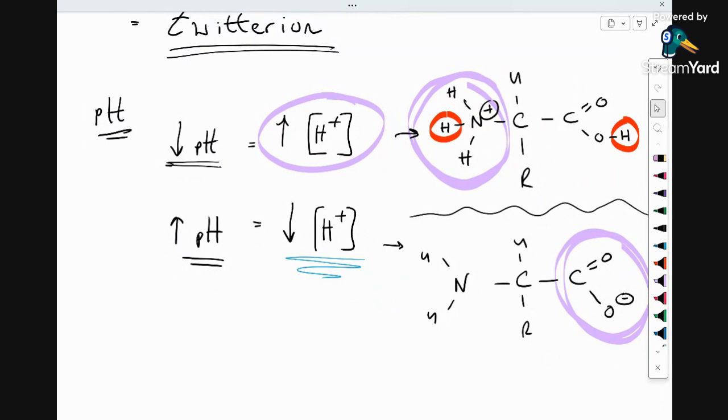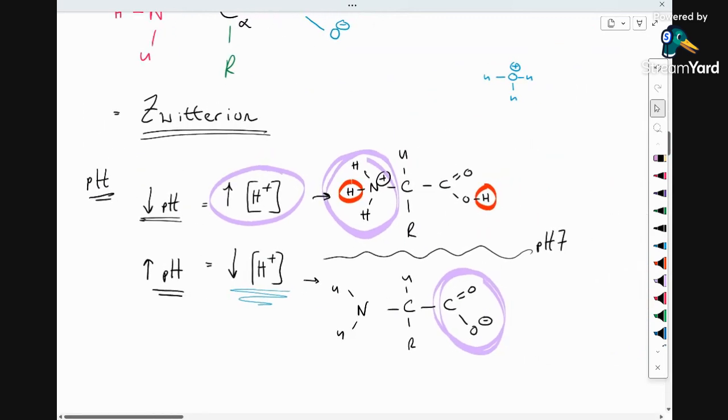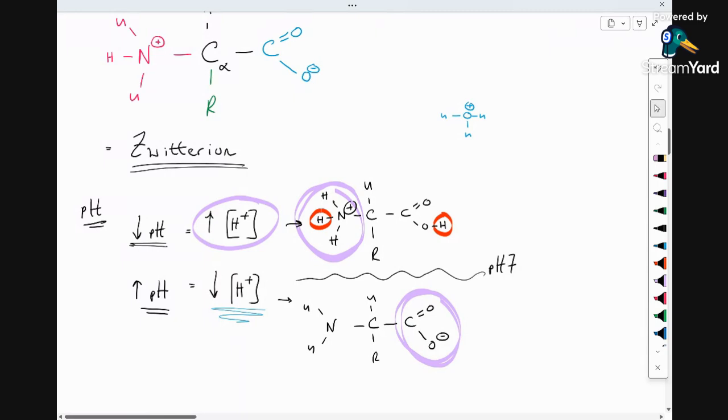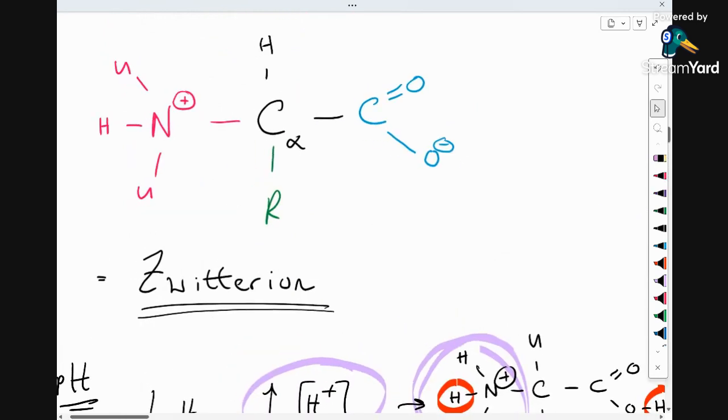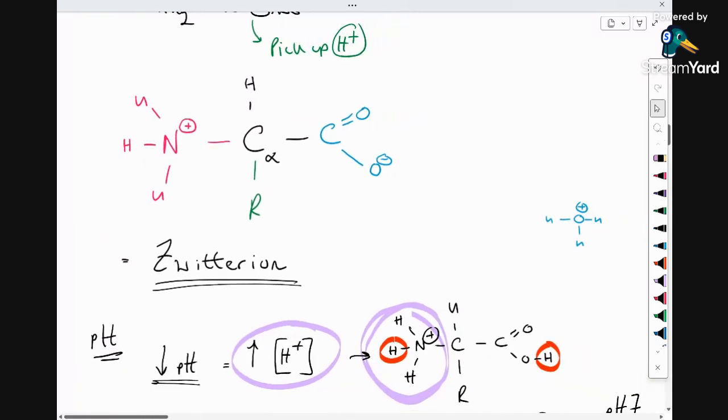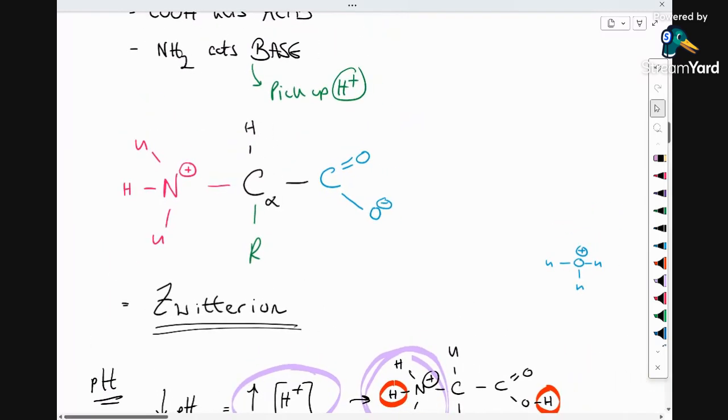And we'll get to that in more detail later. But for now, just appreciate that if we alter the pH, we change the ionization states of our ionizable groups, the amino group or the carboxylic acid group. And at pH 7, it just so happens that both groups are charged. The amino group picks up a proton, becomes positively charged, and the carboxylic acid group releases a proton, becoming negatively charged.